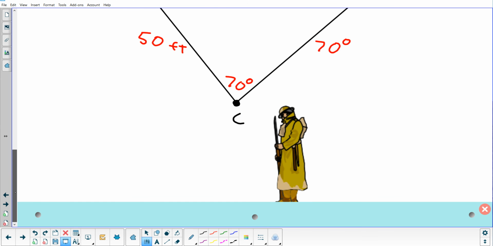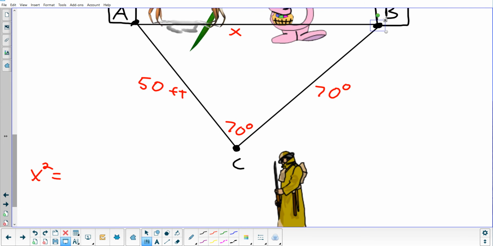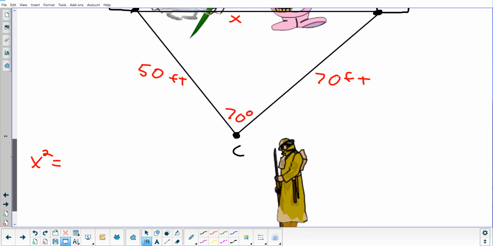So the law of cosines is going to start out x squared equals. And then can anyone tell me what would come next? 50 squared, yep.